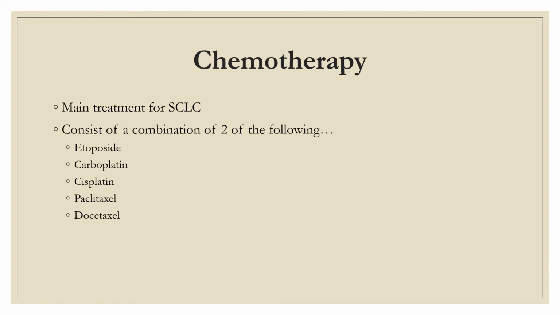So that's provider specific, and that will be provider preference depending on what the cancer looks like to the provider. So they'll usually pick two out of the following five. In non-small cell lung cancer, chemo can be used in conjunction with non-resectable lung tumors, or also as adjuvant therapy for surgical procedures. So if the patient is getting a surgical procedure, they can use chemotherapy as well.